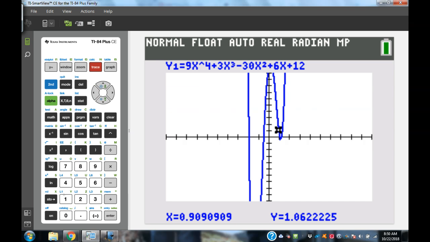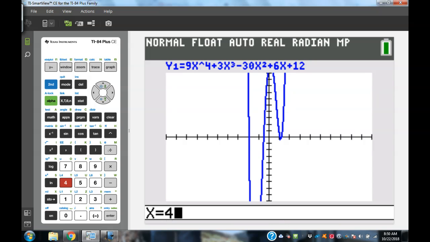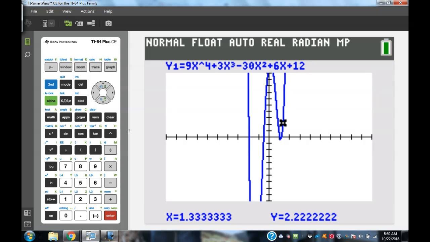So I could hit trace, 4/3 and see if that works. It doesn't. Okay, so none of the fractions that I created in my list give us a 0 for y. So we know that they're not going to work. But I've got a couple of other numbers that will.